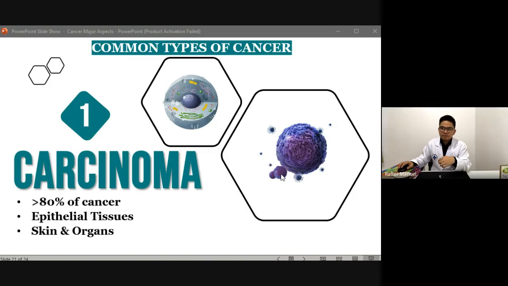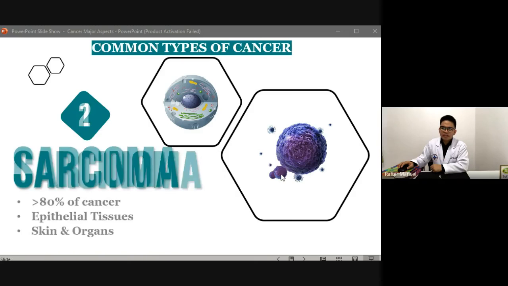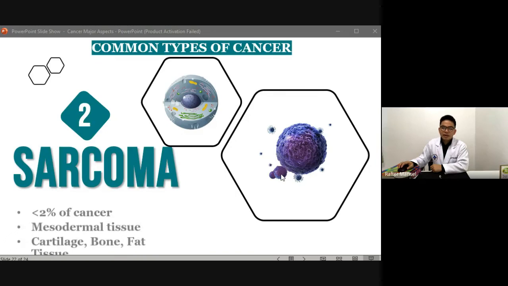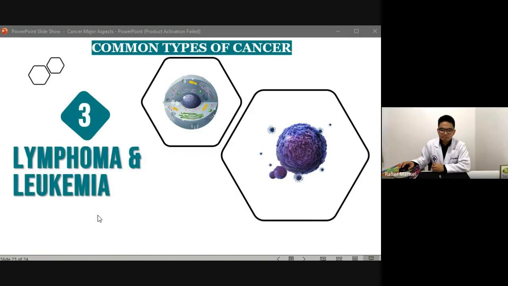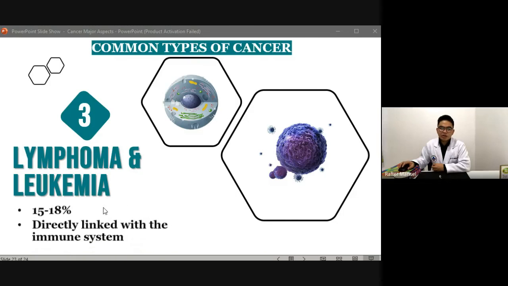Carcinoma. The second type of cancer is sarcoma. This is less than 2% of cancer. They are mesodermal tissue, so they affect your cartilage, your bone, and your fat tissue. Now, the last type of common cancer is the lymphoma and leukemia. Lymphoma and leukemia are about 15 to 18% directly linked with the immune system.